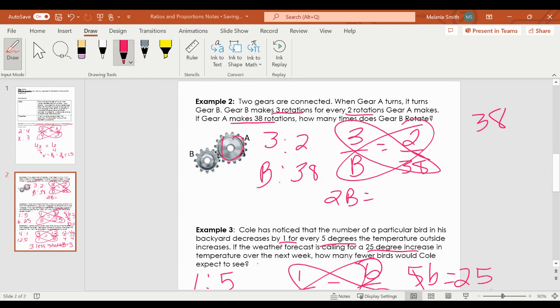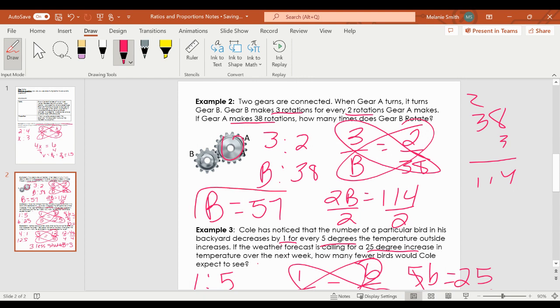Let me double check that. Yep. Okay, and I'm going to divide both of those by 2. And 114 divided by 2 is 57. So B equals 57. So if gear A rotates 38 times, then gear B would rotate 57 times.